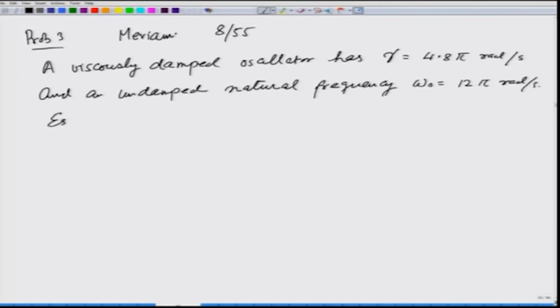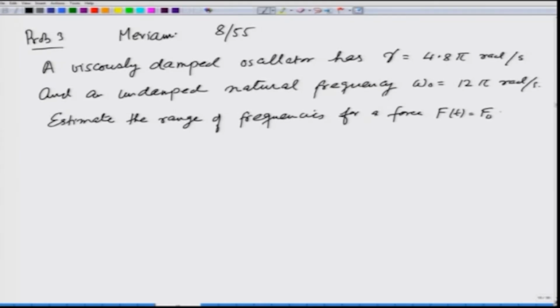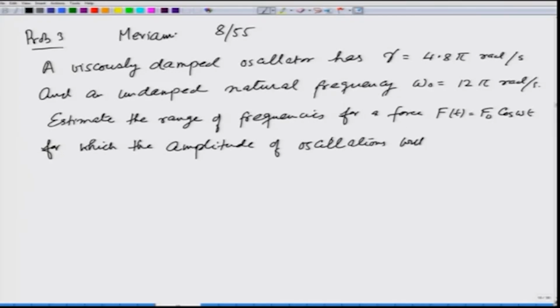Estimate the range of frequencies for a force F(t) equals F0 cosine of omega t, for which the amplitude of oscillation will not exceed 2 F0 over k.